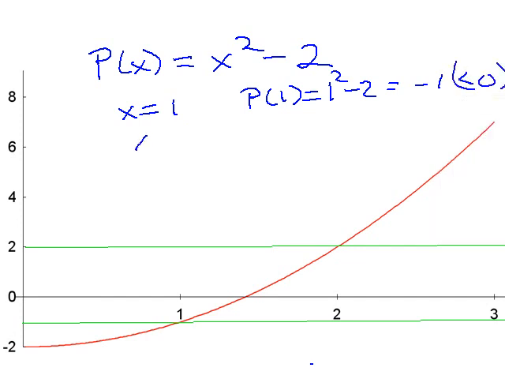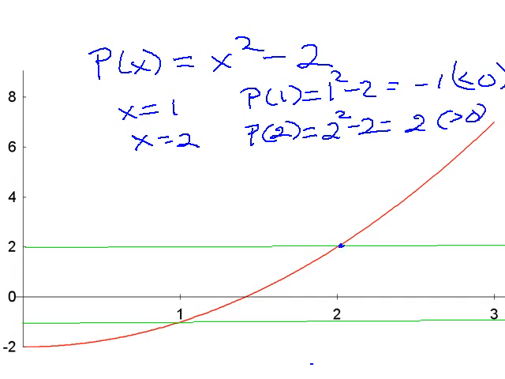At another value, x equals 2, the polynomial is 2 squared minus 2, so that's going to be 4 minus 2, so it's a positive 2. In this case, it's greater than 0. And those points are right here and right here.